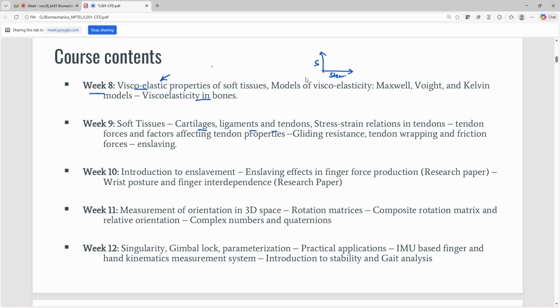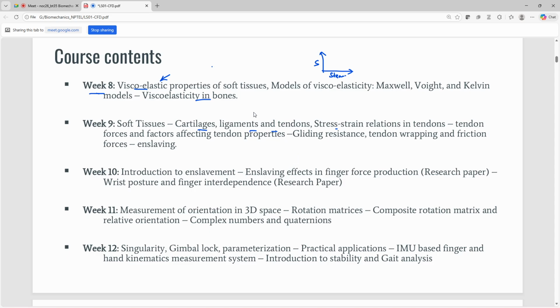So how the elastic material and plastic material behave under force, that is the stress strain relationship, how the stress strain relationship of these particular soft tissues varies with each other, and how that particular property is helping the human body. All these things are discussed in week 9.